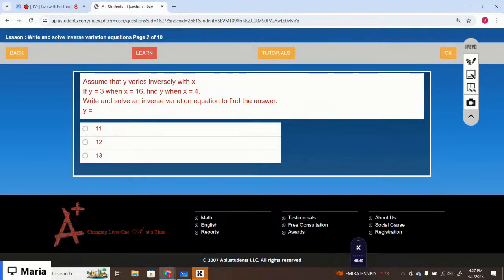Assume that y varies inversely with x. If y equals 3 when x equals 16, find y when x equals 13.